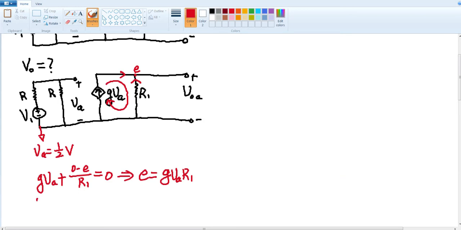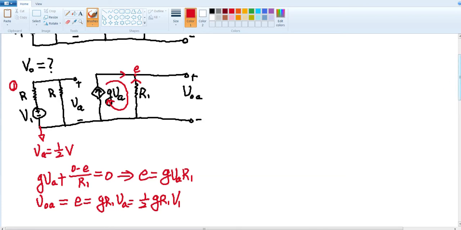The output voltage, VOA, is also immediately equal to E, which is equal to GR1 times VA, which is further equal to 1/2 GR1 times V1. So now we have the contribution from the voltage source V1.